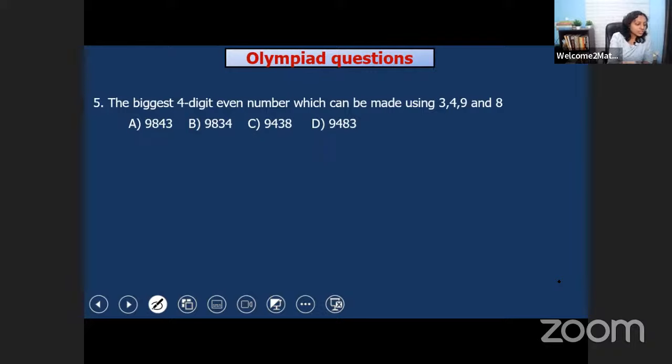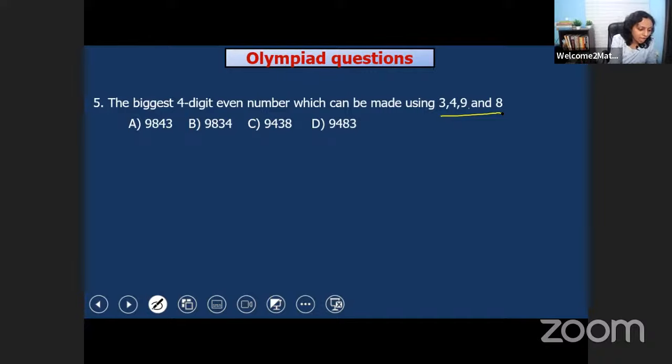Our question is the biggest 4-digit even number which can be made using 3, 4, 9 and 8. Whenever we have to write the biggest number, we first write the biggest digit, and we write from biggest to smallest. In this way, we write the biggest number.